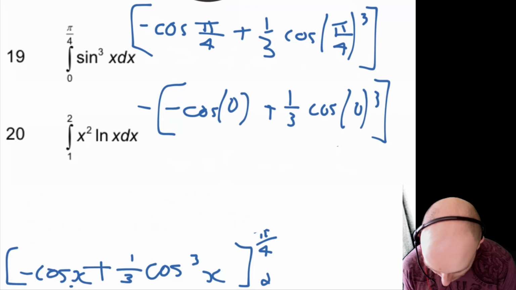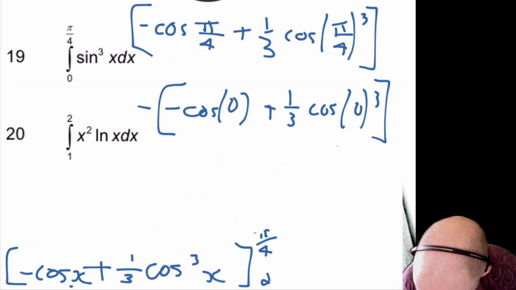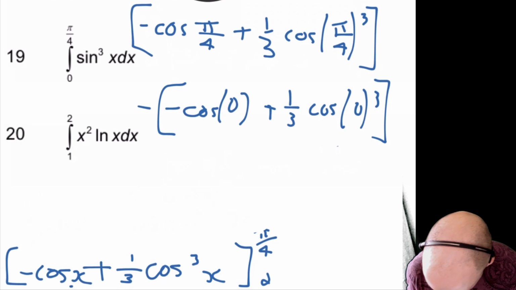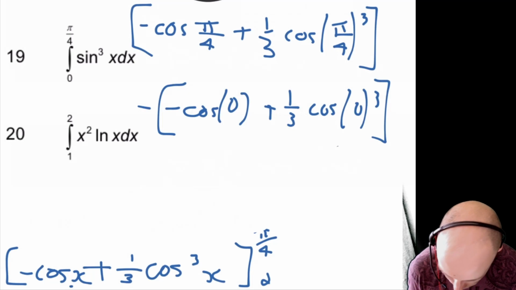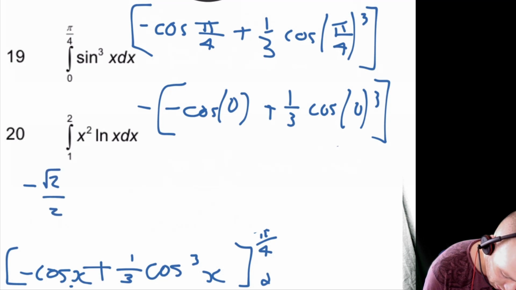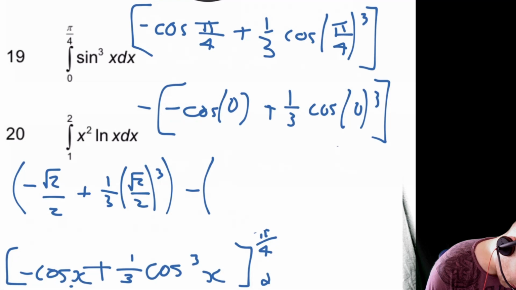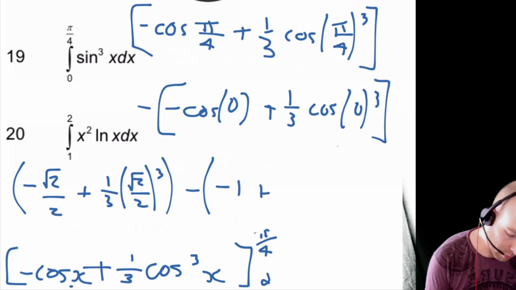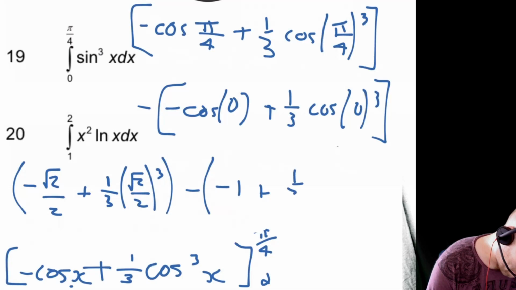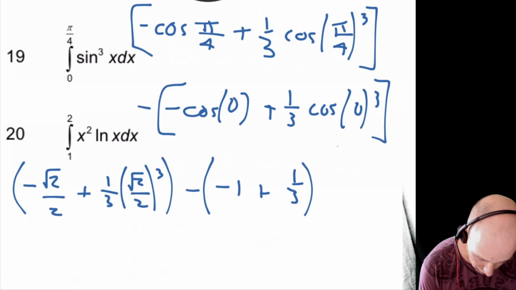Right, so if you work that out, make sure you're in radians: minus cos pi over 4, which gives us minus root 2 over 2, plus 1/3 times (root 2 over 2) cubed. Cos of 0 is 1, so we're taking away minus 1, plus cos of 0 is 1 times a third, which is a third. So we get this.